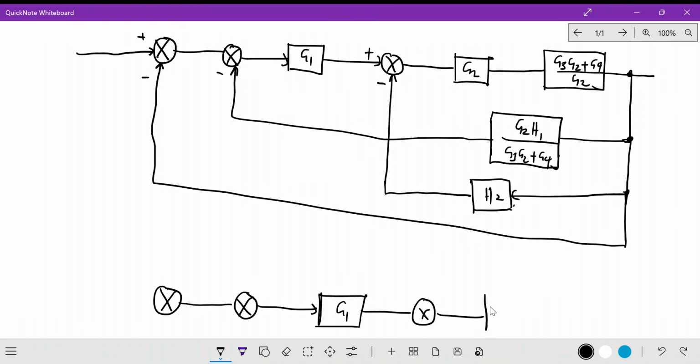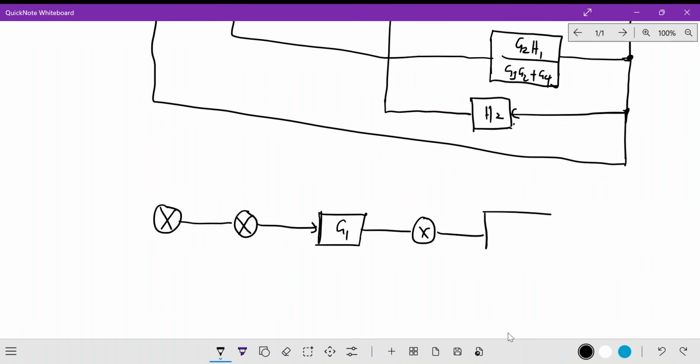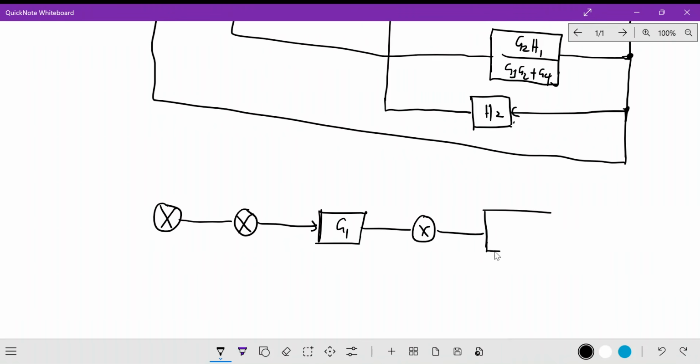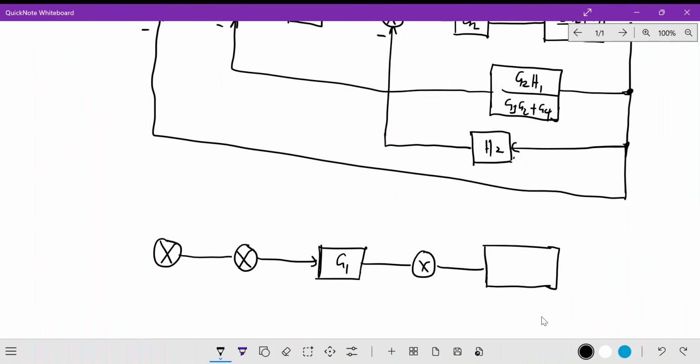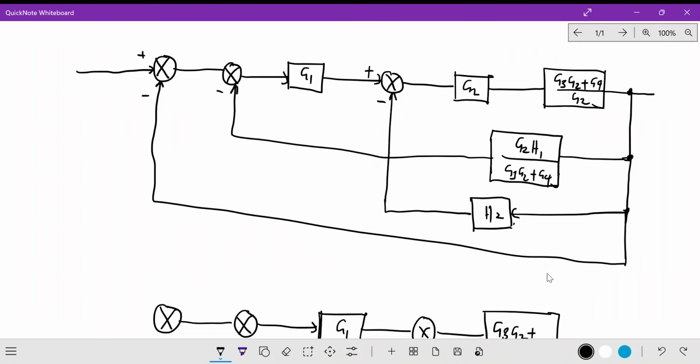Here now the product of those two, since G2 and G2 cancel out there, what you have is simply G3, G2 plus G4.